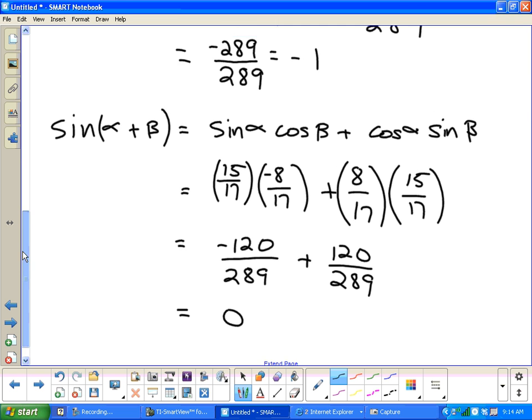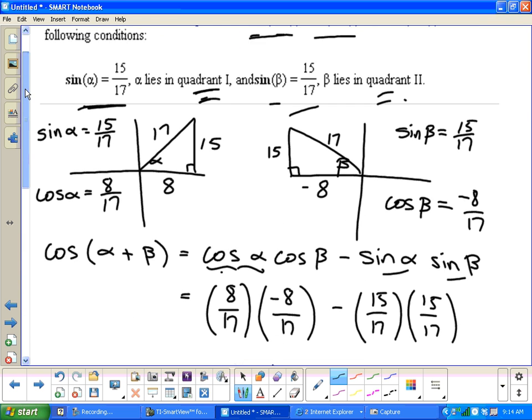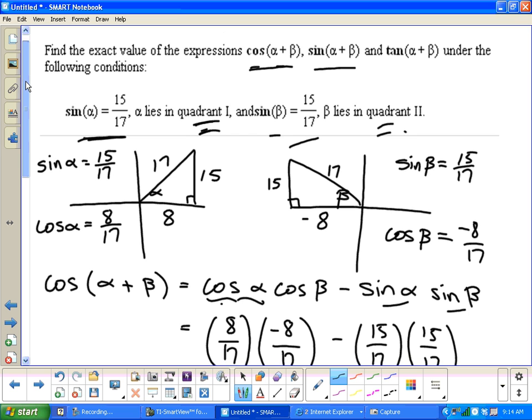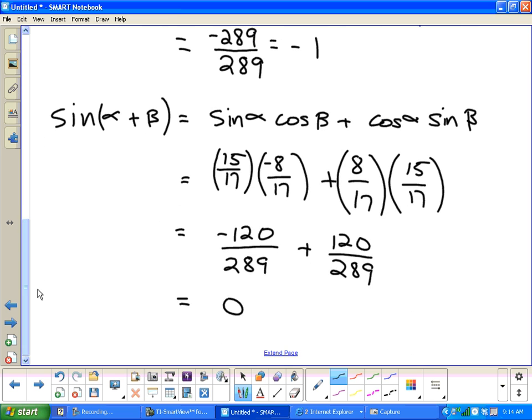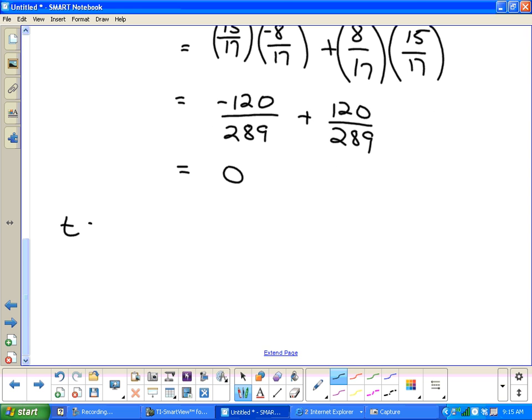Okay. Now, we got to do the tangent of alpha plus beta. Now, you could use the formula for tangent of alpha plus beta, or let's just do sine over cosine, because we already found sine and cosine, didn't we? Okay. So we won't use the tangent sum formula.